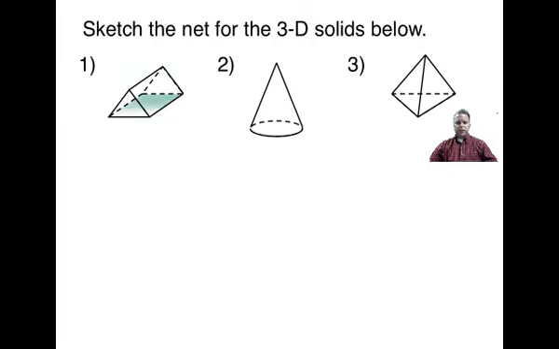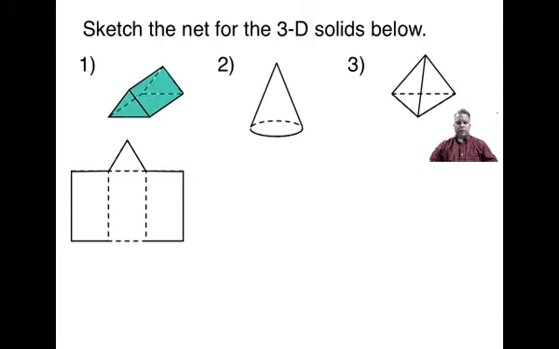Okay. So we'll start with the bottom there, or the side. Then we're going to unfold here. Unfold the other side. Then I have the back and the other triangle. So it should look something like that. For our cone, we've got our circle. And then if we unwrap that, it's not going to be a straight line.